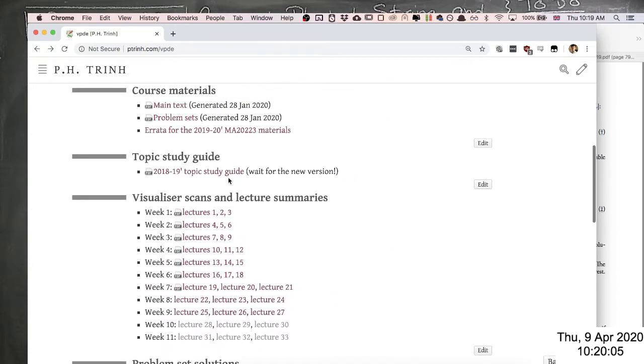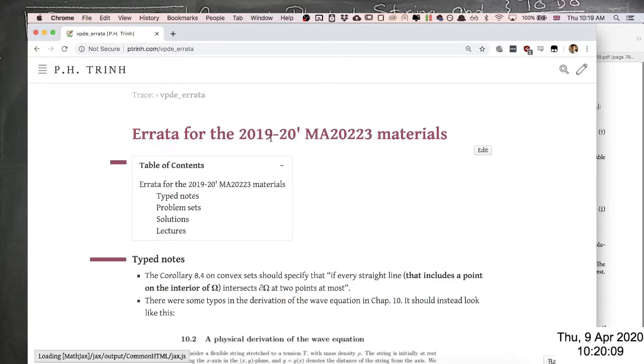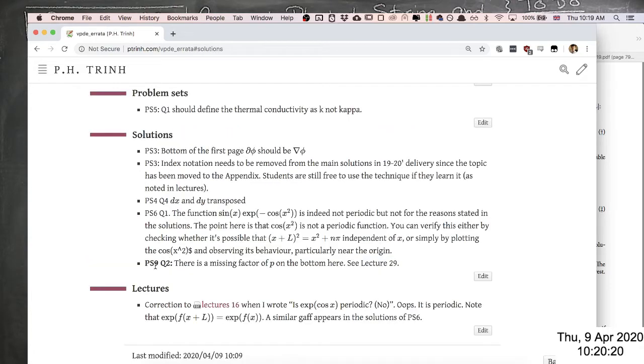Also, keep an eye on the errata. This is the website that keeps track of problem set typos, or typos in the lecture notes, or typos in the solutions, etc. You'll notice, for instance, today I put in this problem set number 9, question 2 typo, about a missing factor of p, which I found while preparing for this lecture.